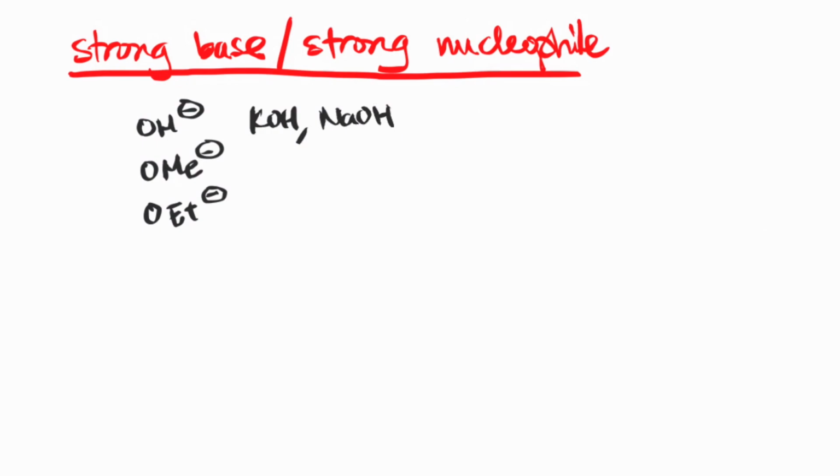These would be the more proper way of writing the reagents with their neutral compounds. One more I want to add to this list is the NH2 ion also. Again, when you have a strong base and a strong nucleophile, you might be in a sticky position because you can have elimination or substitution, and at that point we would have to take a look at the substrate to determine the final outcome. So we'll leave it here for now, and we'll come back to that in part 2.